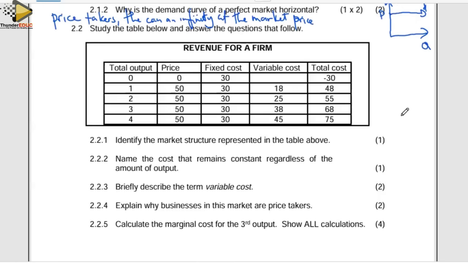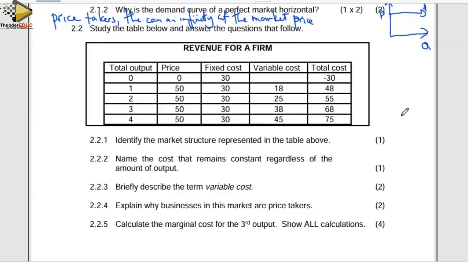If you see there, the price is maintained at 50, which suggests that the price is fixed. If a business produces 1 unit of output, they sell it at 50. If they produce 2, they will still sell it at 50. Produce 3, 4, they were still selling it at 50. So it gives us the implication that the price remains the same.